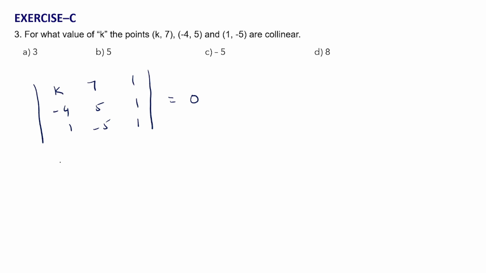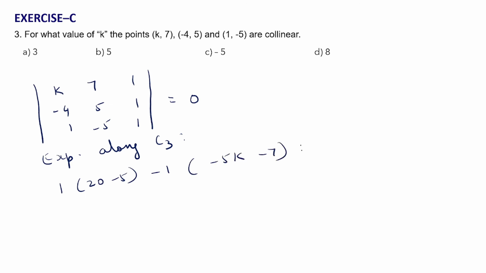So again we can expand along C3. We have 1 into 20 minus 5, minus 1 into minus 5k minus 7, plus 1 into 5k plus 28. This is equal to 0.